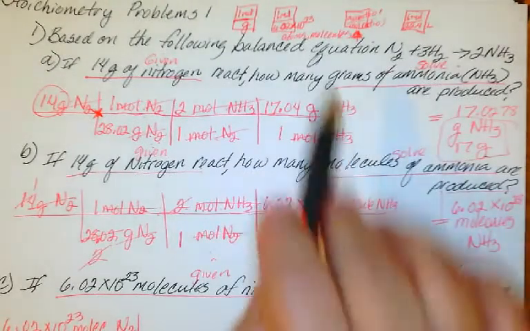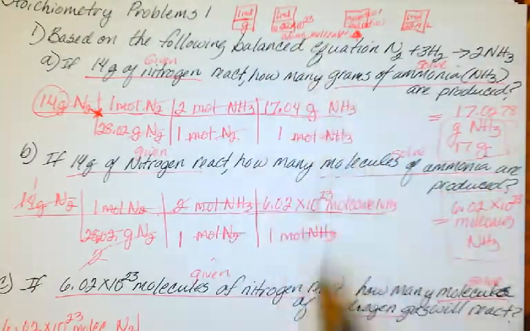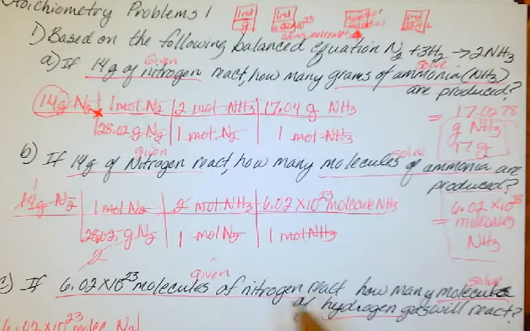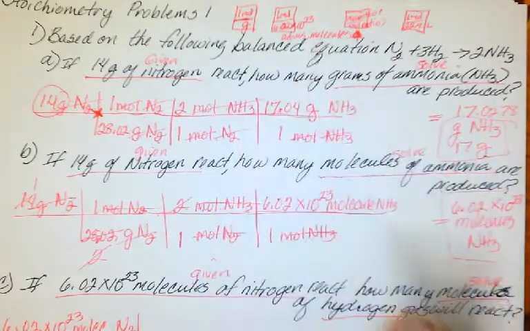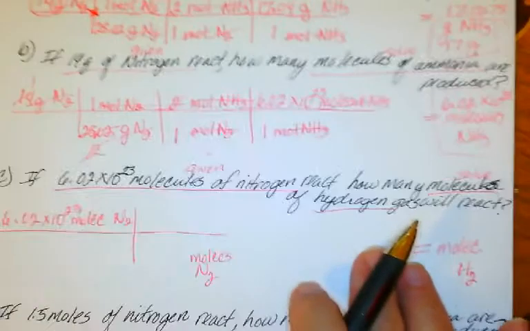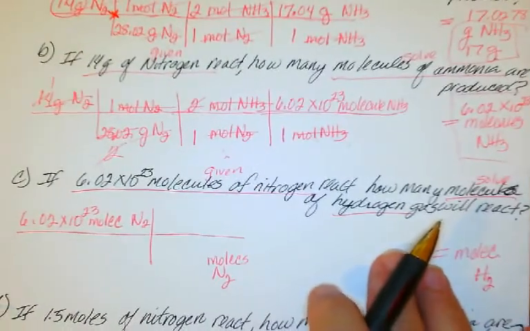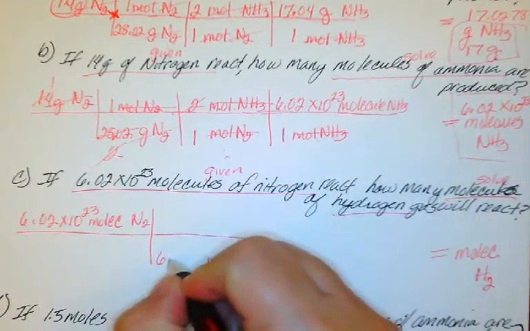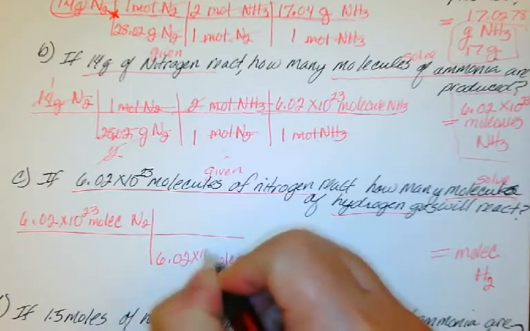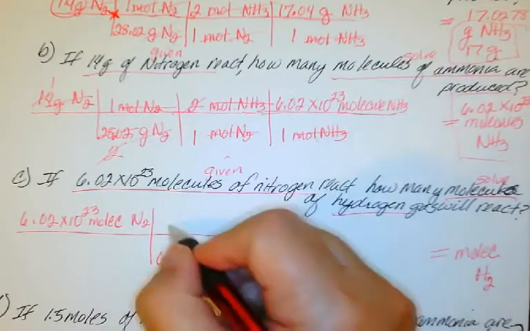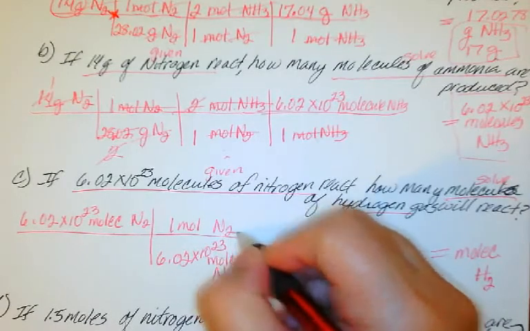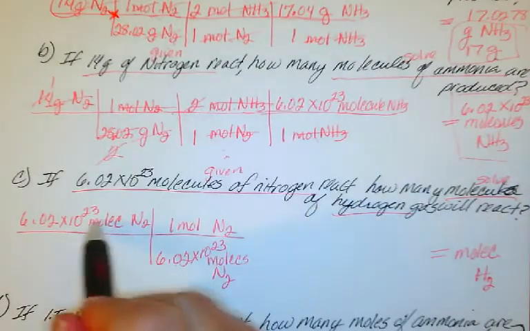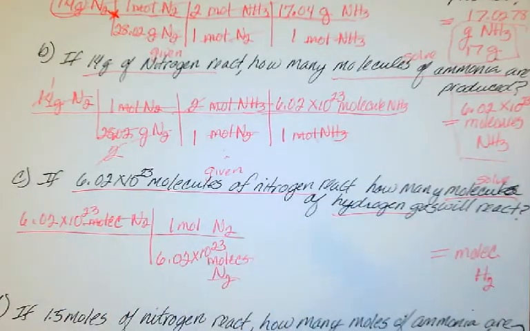The only one that has molecules is this one. Okay, so it's got Avogadro's number. It goes with the word atoms or it goes with the word molecules. So let me go back down. Here's the word molecule, so the number is 6.02 times 10 to the 23rd, and that's for 1 mole of N2. Okay, so my molecules of N2 can cross-cancel, my molecules cross-cancel.